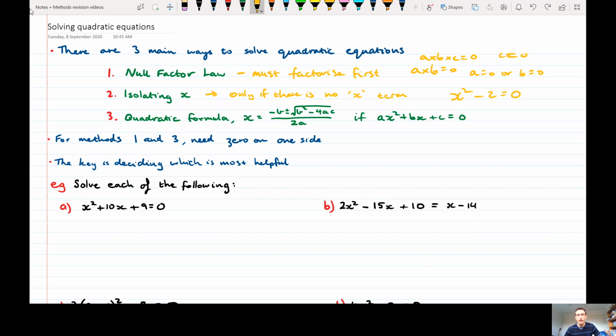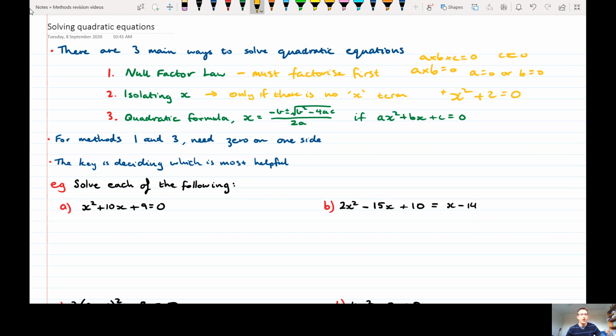And you also need to have a negative, or at least opposite sign. You can have a positive x squared there and a negative 2, or you can have a negative x squared and a positive 2. But if both signs are the same, both positives or both negatives, you would not be able to solve an equation in this way, unless you are doing complex numbers, which we are not doing in this course.